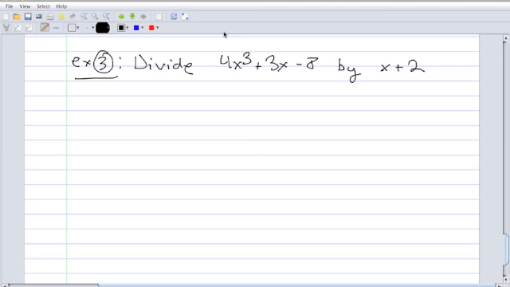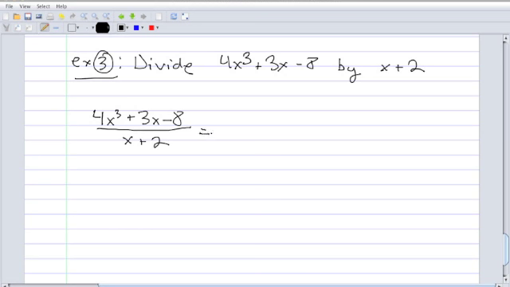Okay. So when you do this polynomial long division, we're dividing this 4x cubed plus 3x minus 8 by x plus 2. This is what we're working with. But we need to make sure the exponents go from 3 to 2, 1, 0.